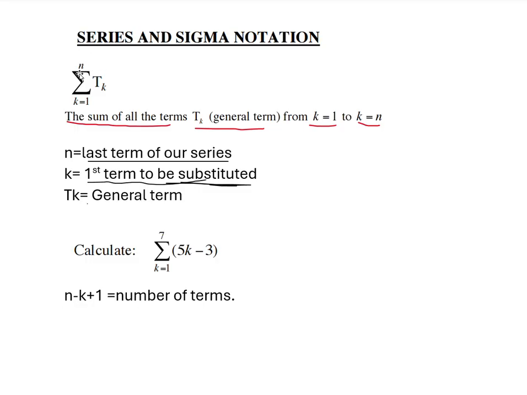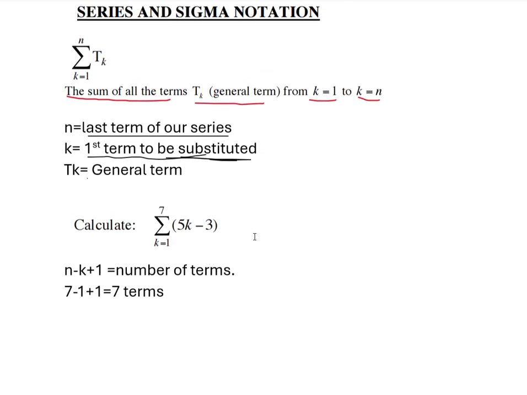Here we have 7. That's our n, the number at the top. Then we have our k, the number at the bottom, which is 1. Then you add 1, so you have 7 again, meaning 7 terms in our series. Now you can start to find your pattern.